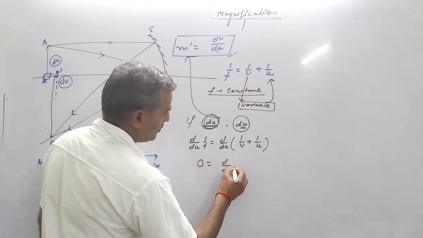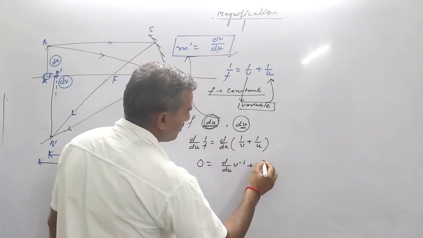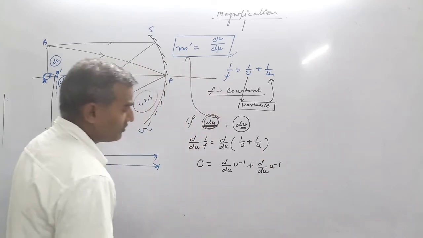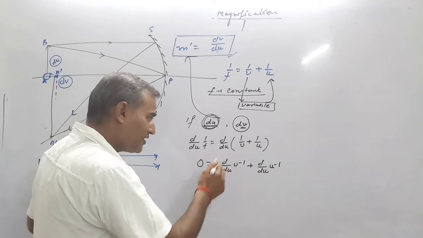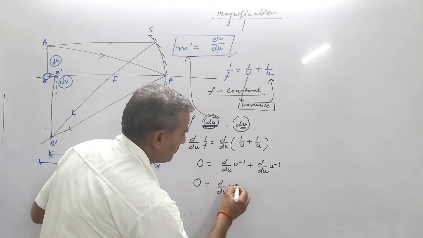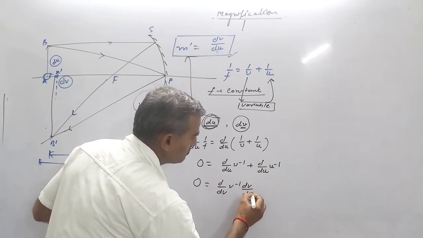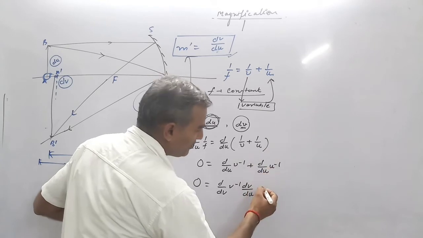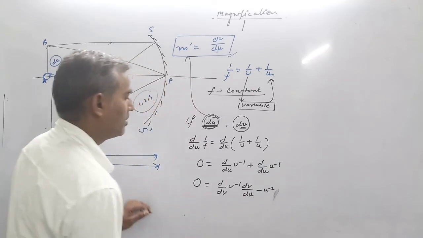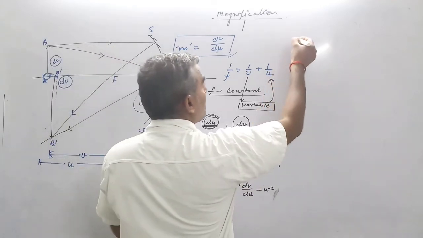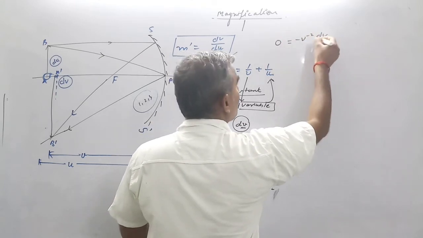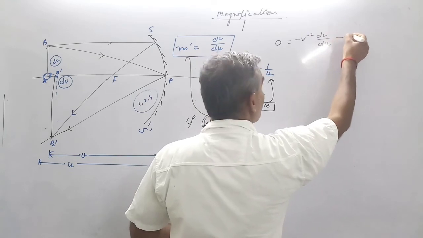d by du of v to the power minus 1 plus d by du of u to the power minus 1. Just look, v cannot be differentiated directly with respect to u, so we write d by dv of v to the power minus 1 times dv by du. This gives minus 1 upon v square dv by du, and the other term gives minus 1 upon u square.